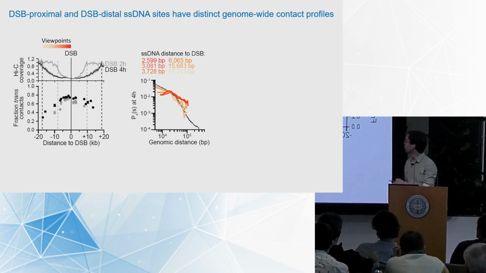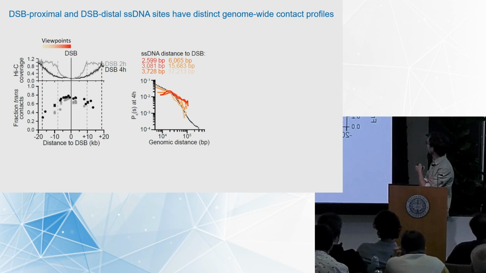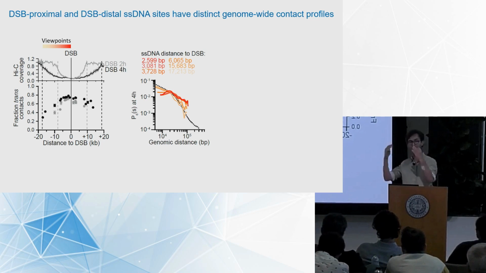So if we decompose the fraction of contacts that are made at the different sites that we have restored on the left and right of the break, what we can see is that the single-strand DNA sites that are close to the break site are making way more contact with other chromosomes than the single-strand DNA sites that are closer to the resection edge.